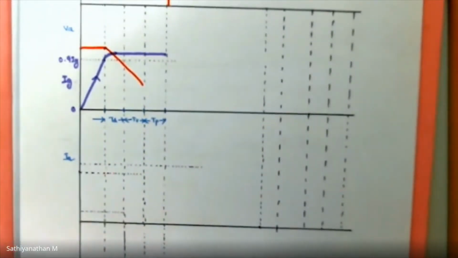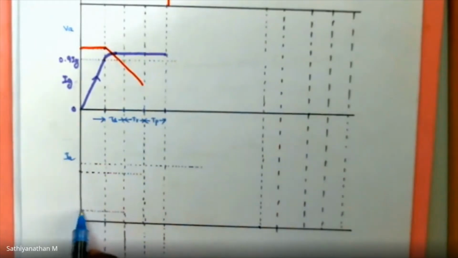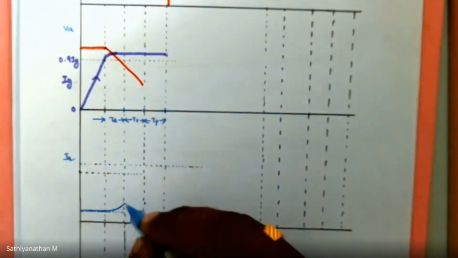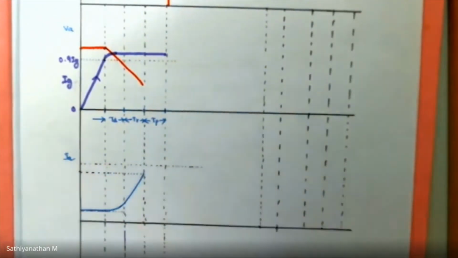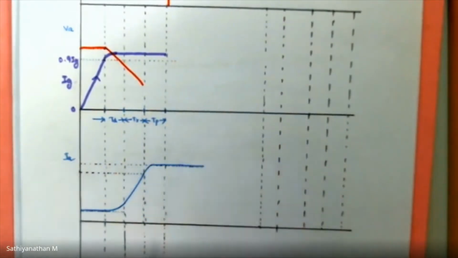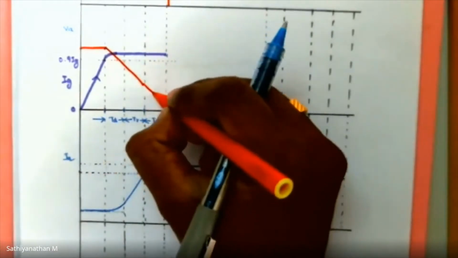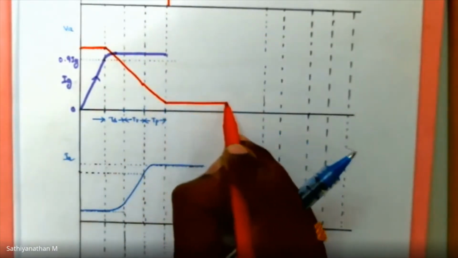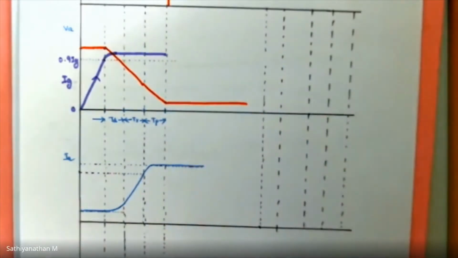At the same time, your anode current starts to increase, goes to the maximum level, and your anode voltage reaches 0, or 0.1, and maintains this constant.